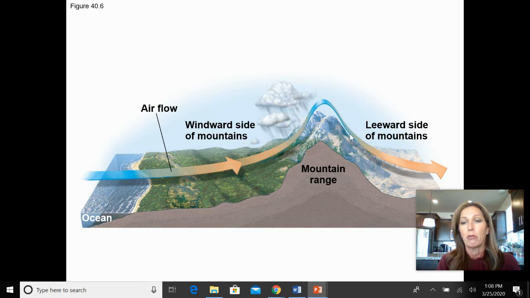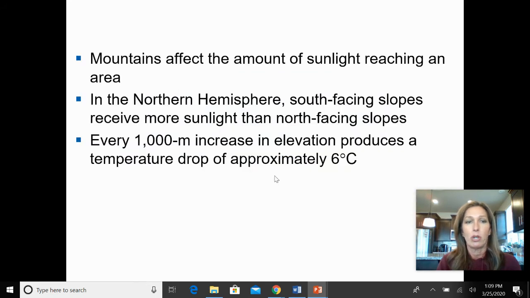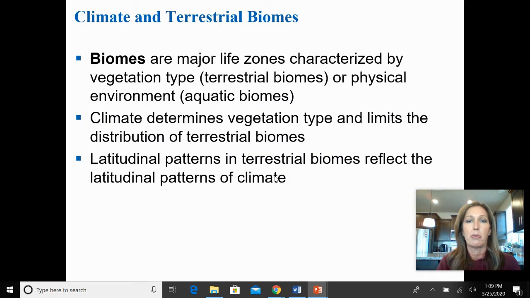Then we get over to Reno, and it's just dry, and now it's high desert. Well, that's because all the water and the snow ends up falling on the windward side of the mountain, and then there's no moisture over on the leeward side. So that's going to be changing what type of productivity occurs in that area and what type of life is there as well. So understand just some of those basics.